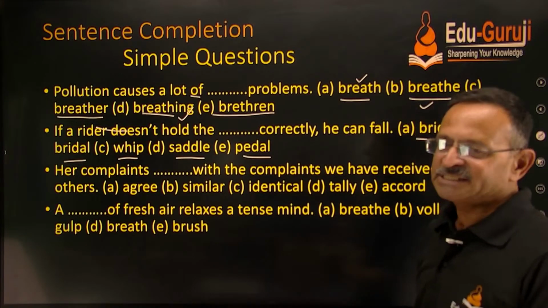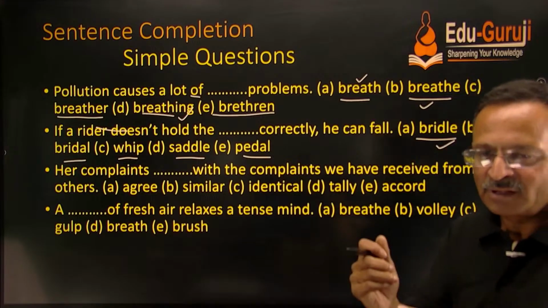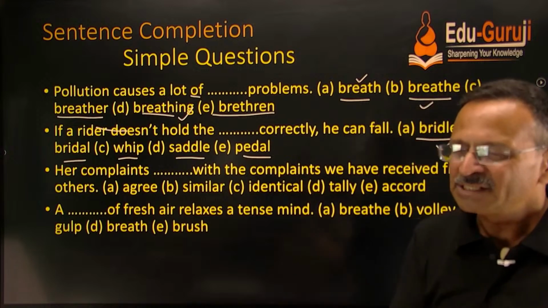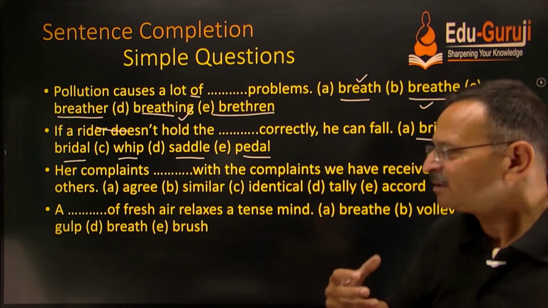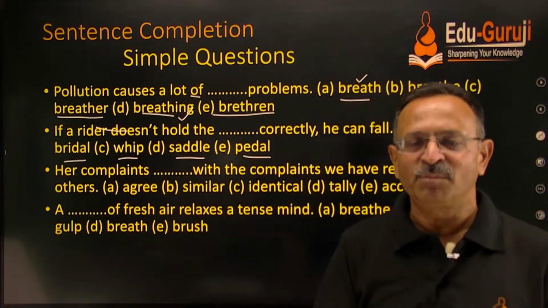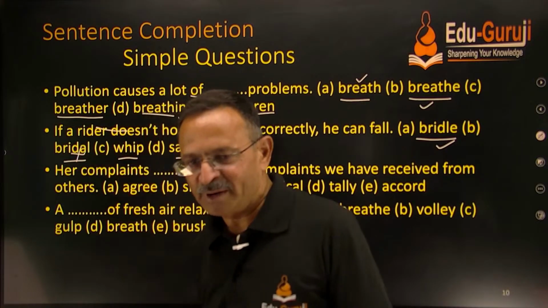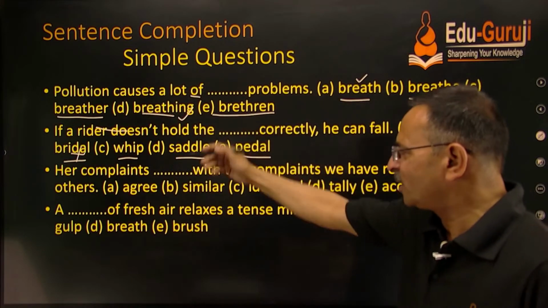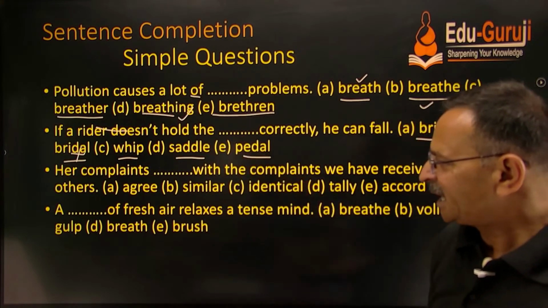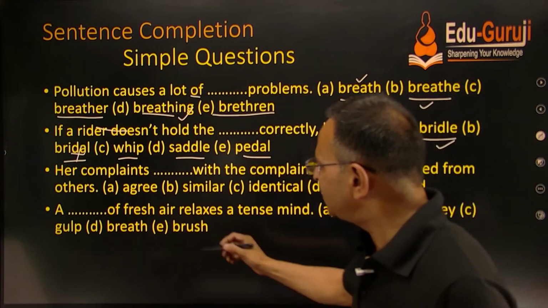Let's see the individual meanings. Bridle is a set which controls the horse. Bridle is of course related with the bride, so definitely this cannot come because it is related with marriage, and we are definitely not talking about marriage here. We're talking about a rider who is on the horse.